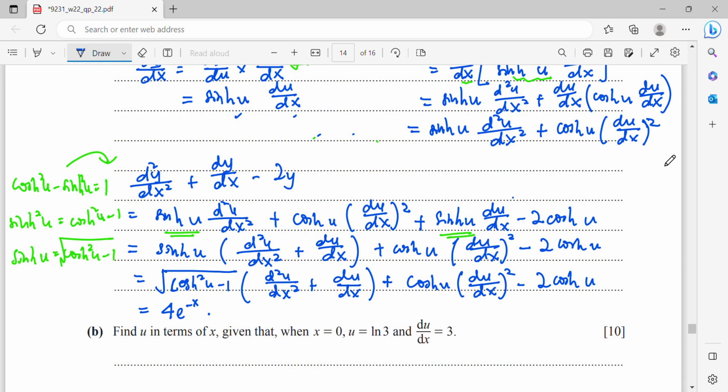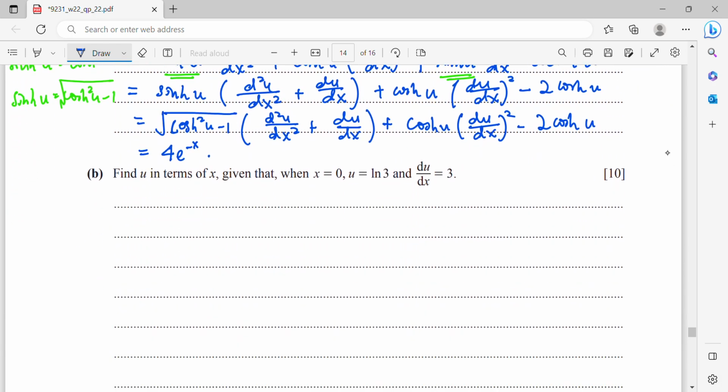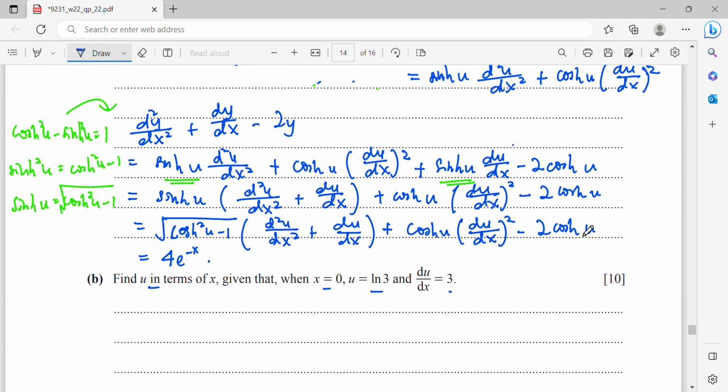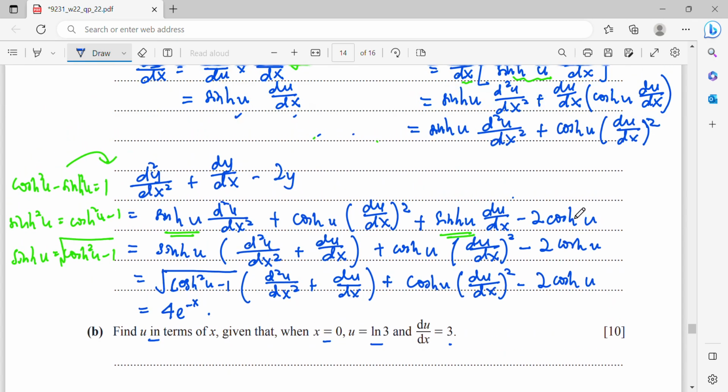Okay? So now, last part. Find u in terms of x, given that when x goes to 0, u is ln 3 and du/dx is 3. So when you need to solve for u, it means you need to solve the second order differential equation.